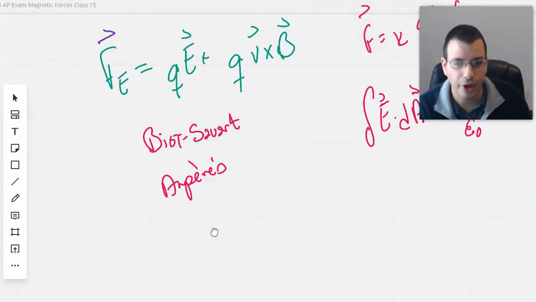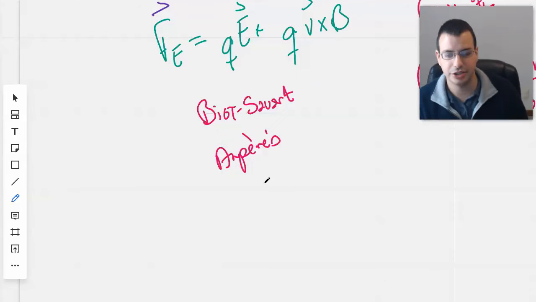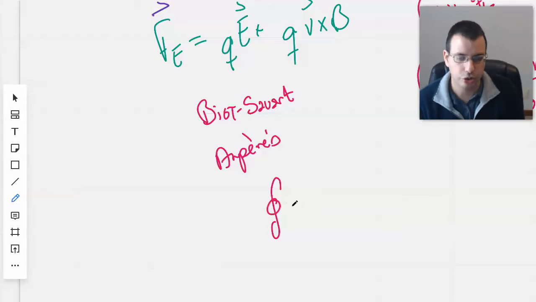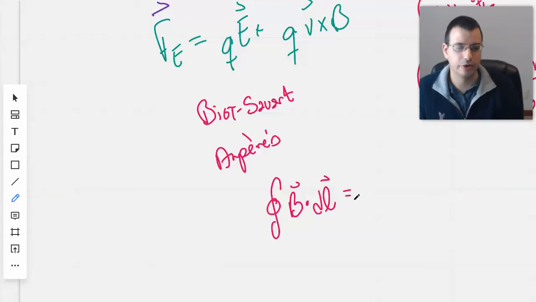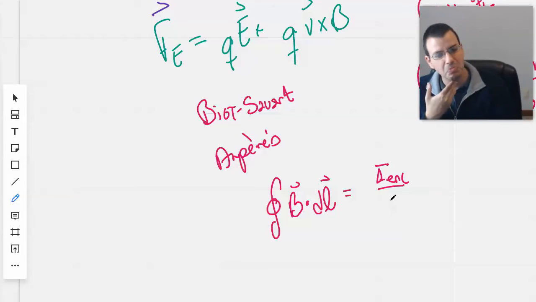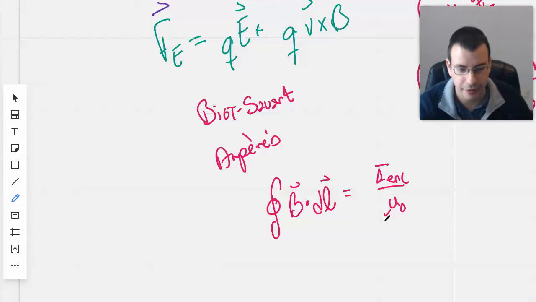So Ampere's law is, let's see here, I think it was on a closed loop, the magnetic field B integrated by dl equals I enclosed over mu naught epsilon naught, mu naught.